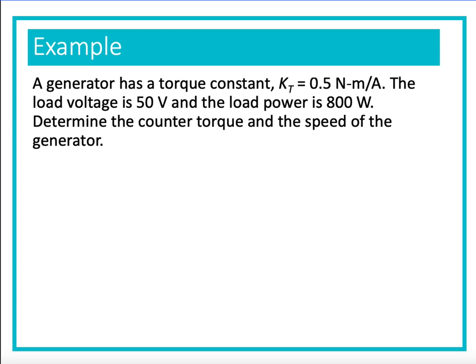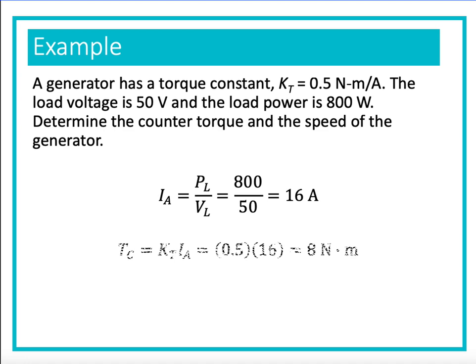Remember, the armature current is the current in the stator windings, and the stator is actually the load because we're generating voltage. So the voltage that is being produced in this case would be 50 volts, and the power that is being output would be 800 watts. So we can figure out the armature current by just taking the power and dividing by the voltage, and we get 16 amps for the amount of current going through the armature.